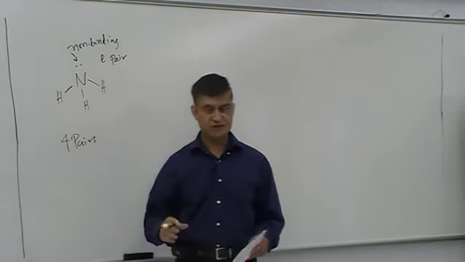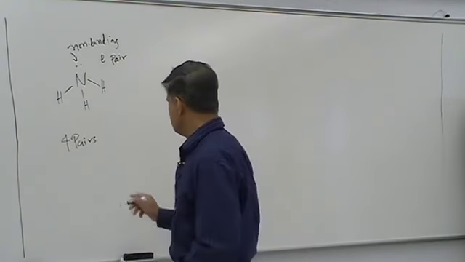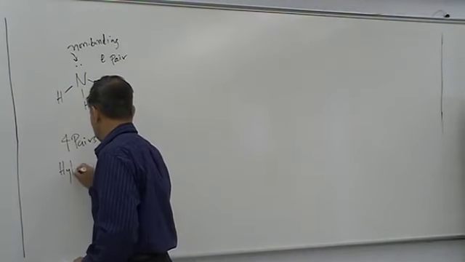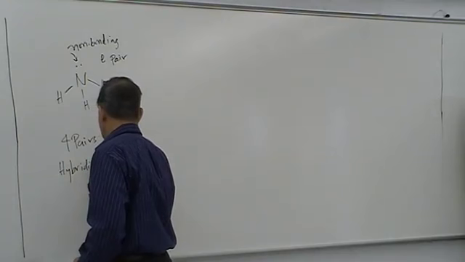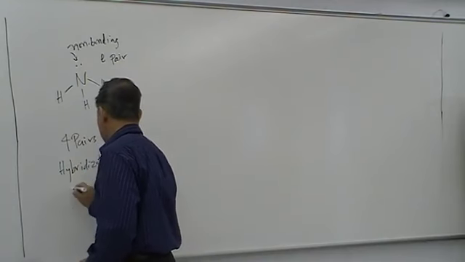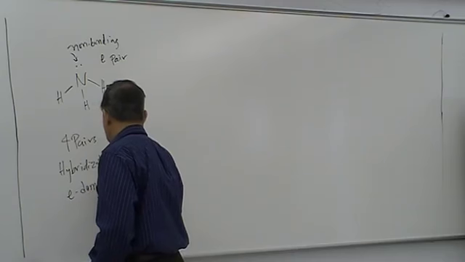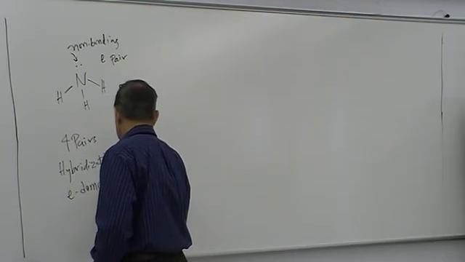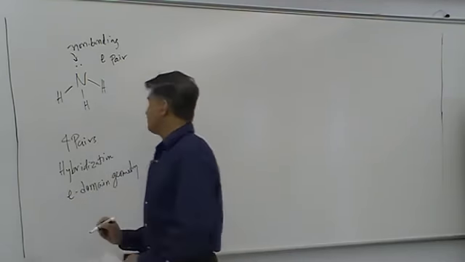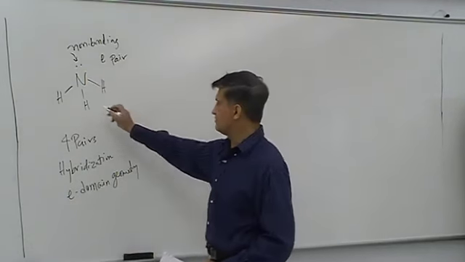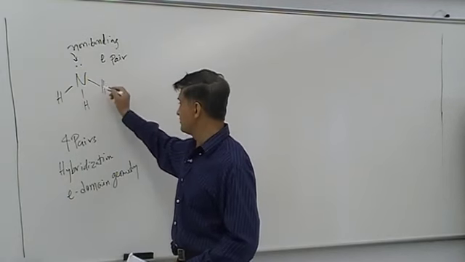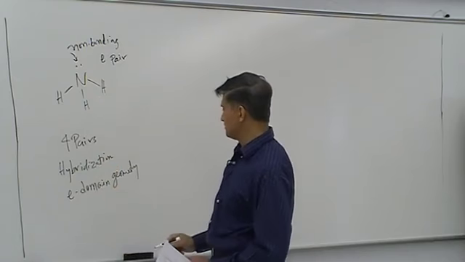that's going to determine hybridization, as well as electron domain geometry. And then finally you stick in these hydrogen atoms to the electron pair, and then you find out the molecular geometry.